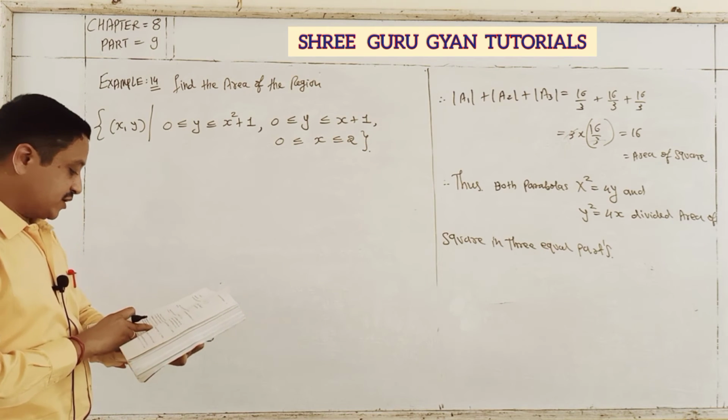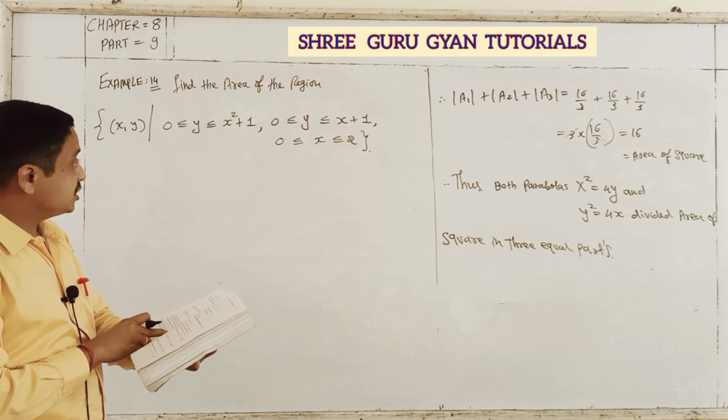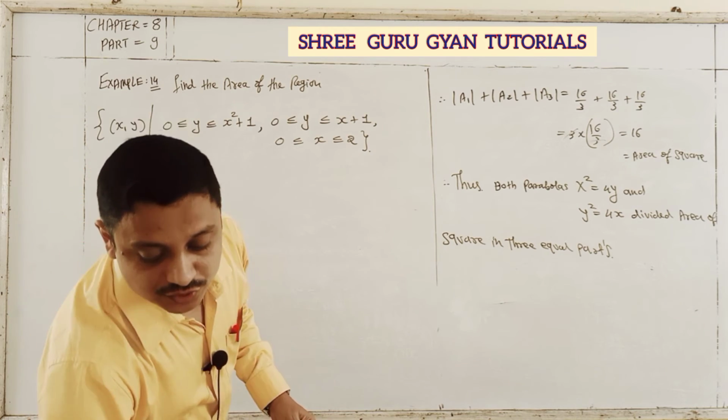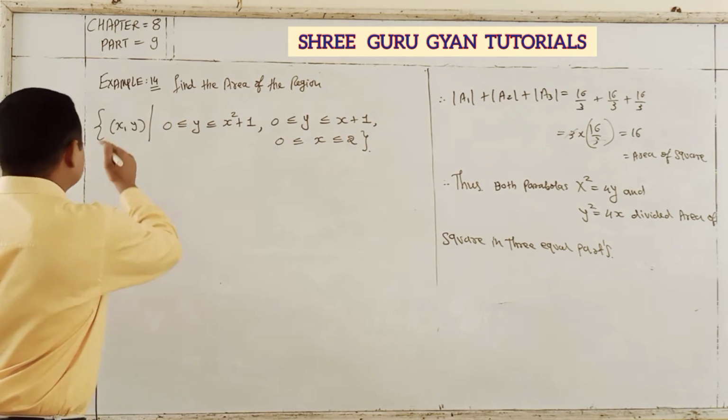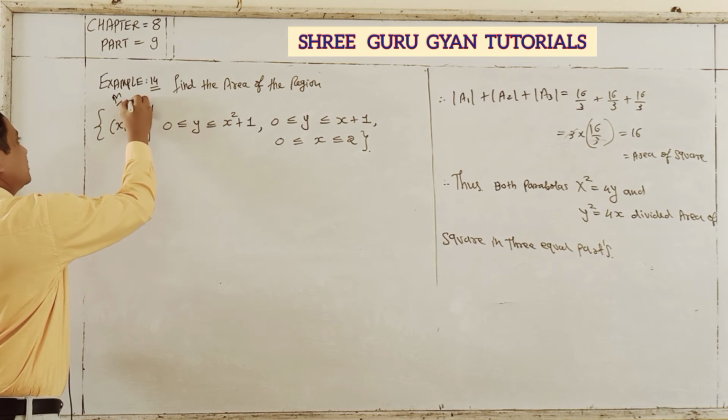Again one more time, repeat: 0 y x plus 1 and 0 x with 2. Students, here also these are IMP questions, so tick mark it in the most IMP list.